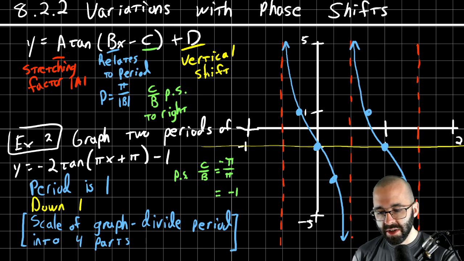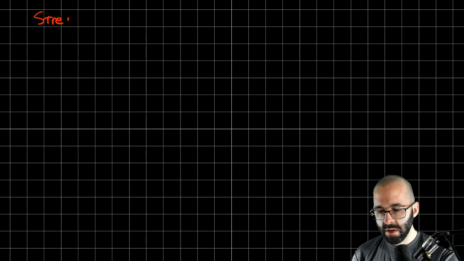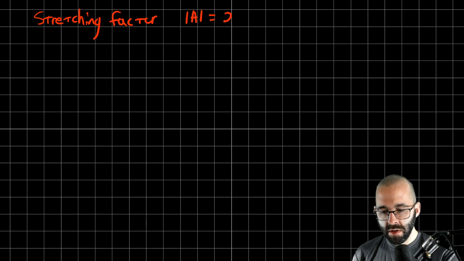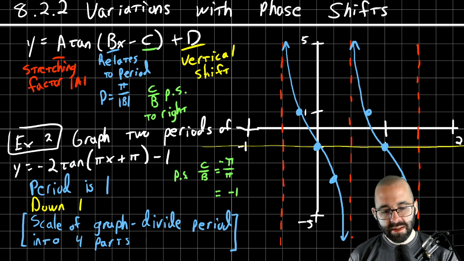So here the stretching factor is 2. The period, we already mentioned that, right? The period is 1. In any asymptotes, the asymptotes, right, we're at 1/2. And then every period after that.